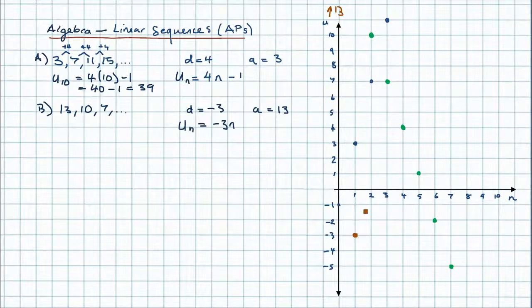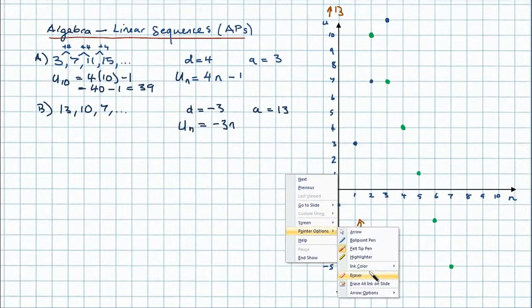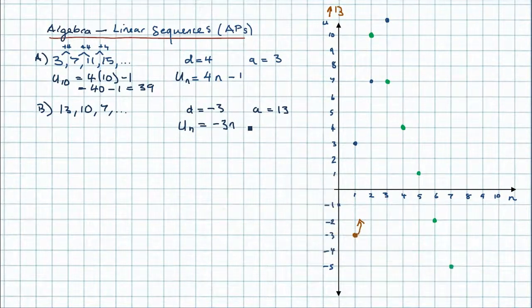But if we just write it in pencil up here, then we've got to find the difference between this and this. So to get from here up to 13, we would need to add 16. Okay? So our intercept must be plus 16.